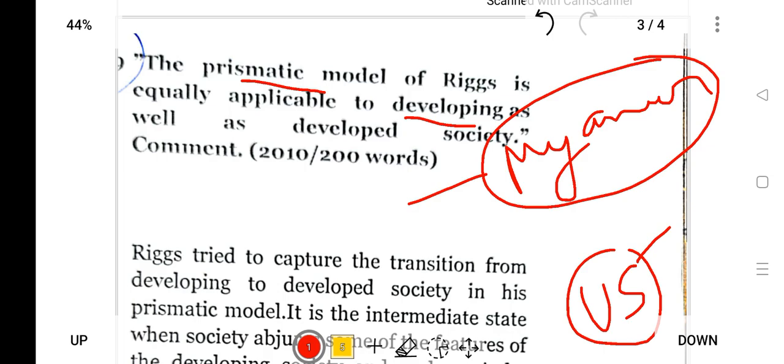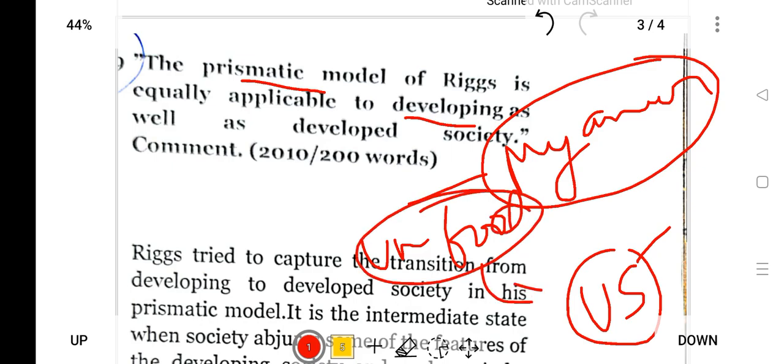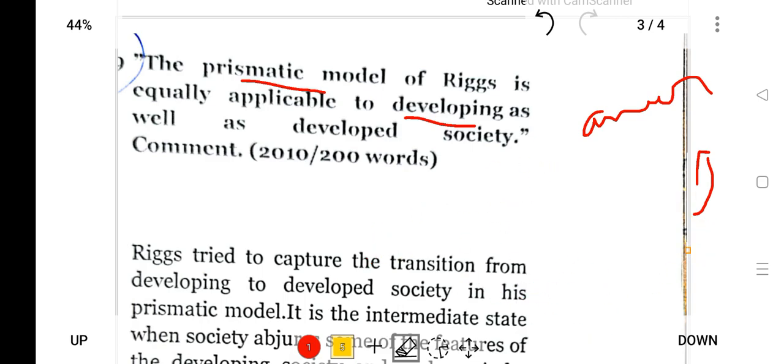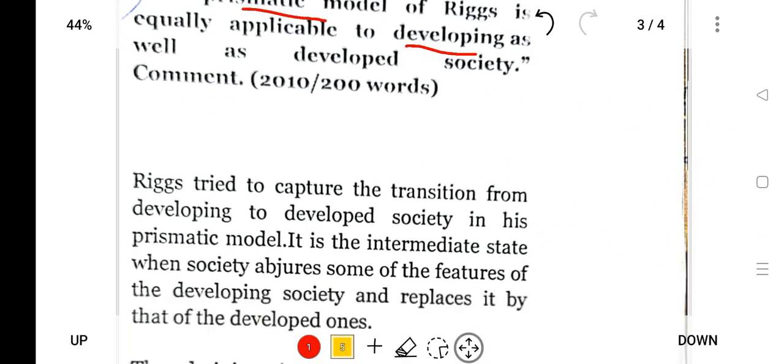Although the administrative system in Myanmar is military, some aspects of it, like universal access to food, are not in the United States, so this can be applicable there. In the same way, freedom of individuals, that citizens can get freedom, is an aspect of the American administrative system applicable in Myanmar. So vice versa; this explains the prismatic model of Riggs.